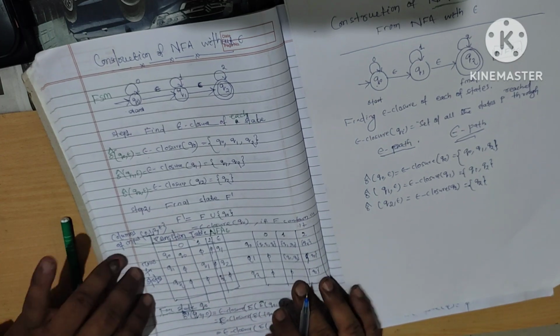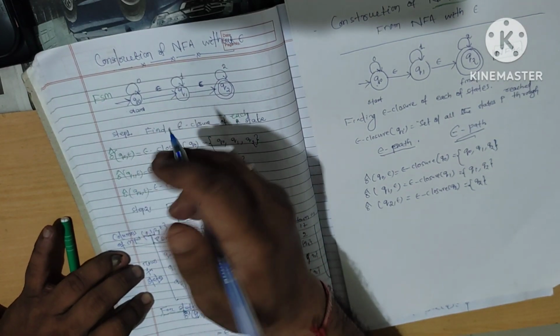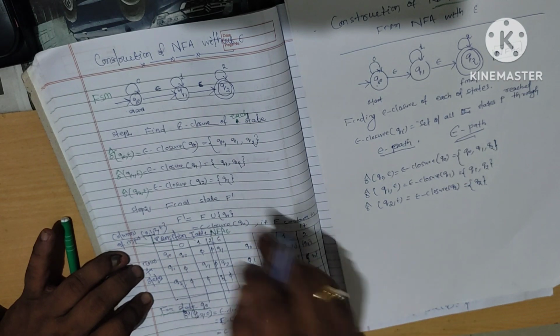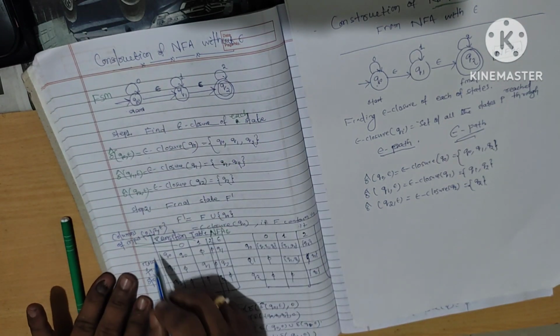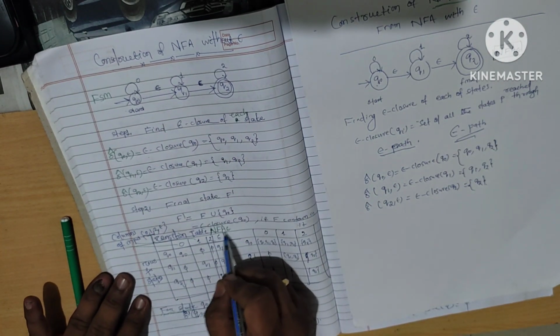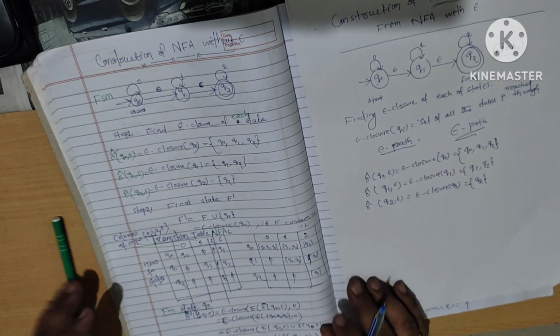So four columns are specified here. According to this NFA with epsilon, we have constructed this transition table.